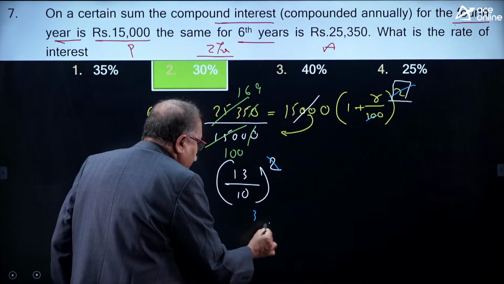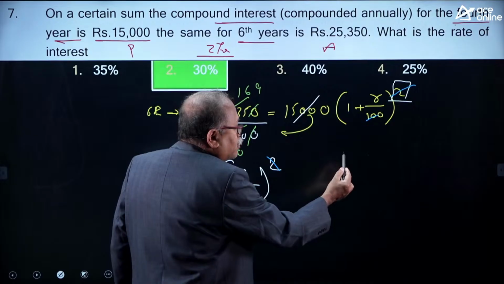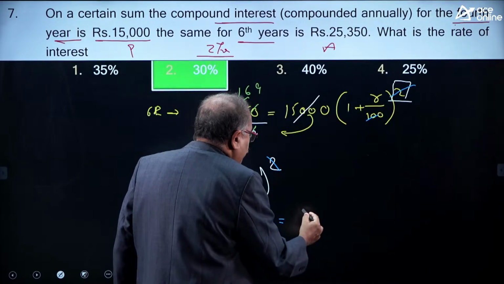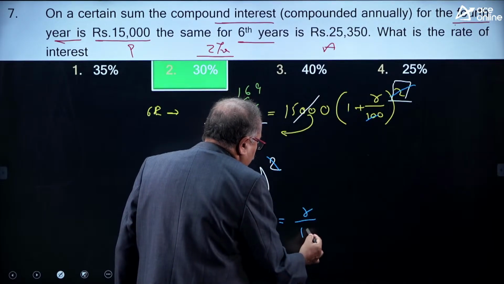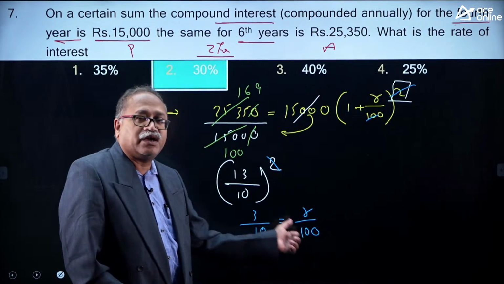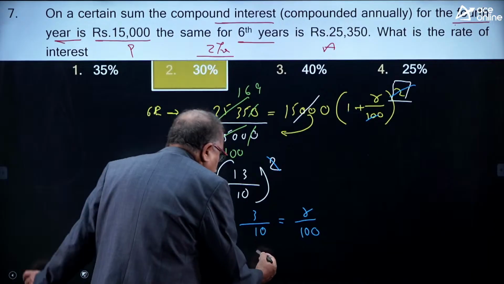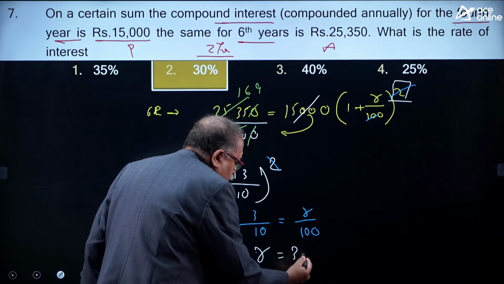I am getting this one as 3 by 10, which is equal to R by 100. So, you beautifully cancelled it 10 times, and 10 into 3, that is 30. Therefore, the R is equal to 30.